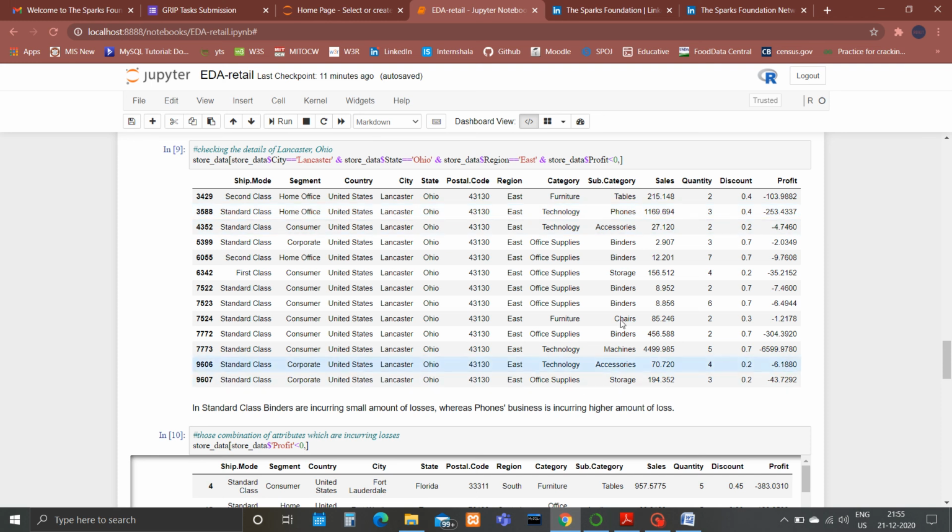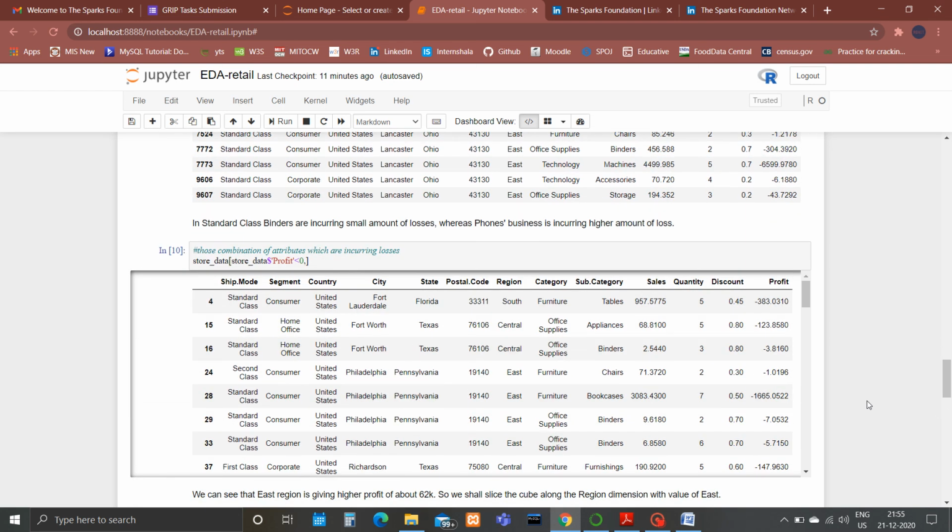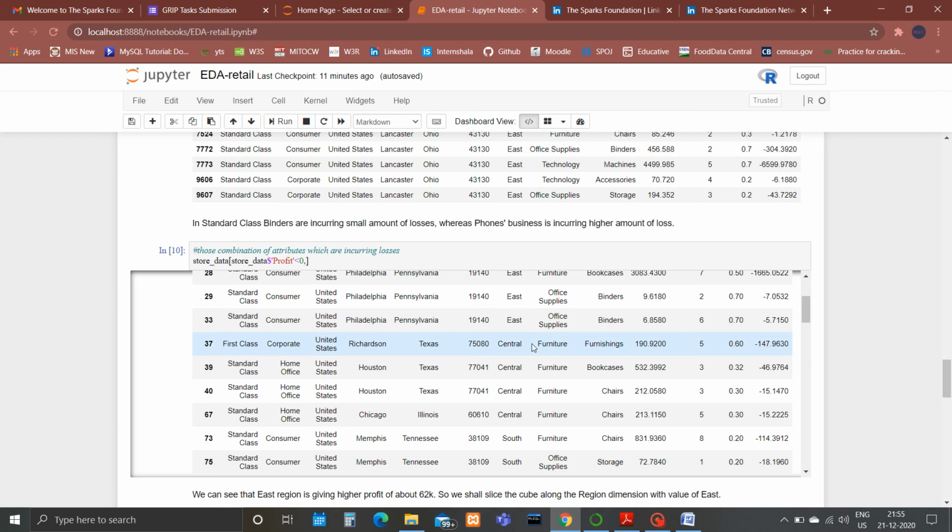So the phones business is incurring losses in Lancaster, Ohio. So this should be improved, and these are all the combinations of the columns where we are incurring losses.